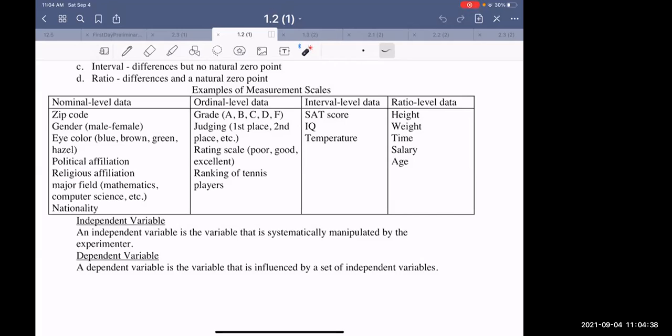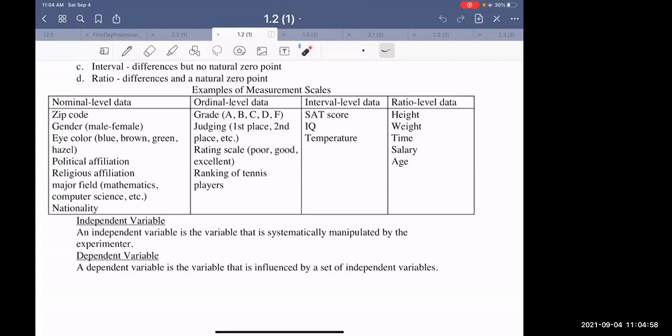So they basically norm the test according to this particular category of people, and then you measure yourself against that category of people.